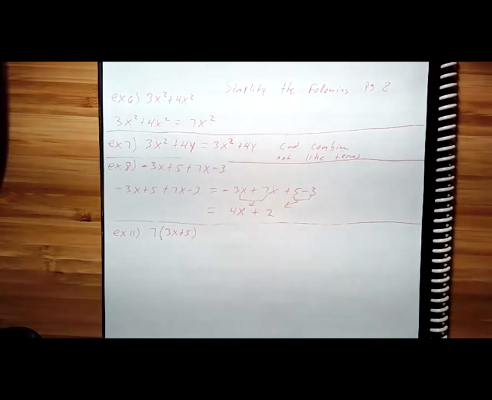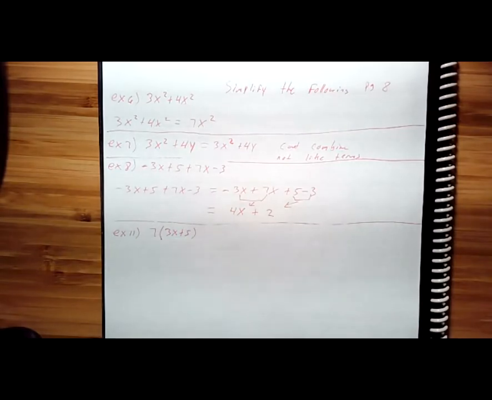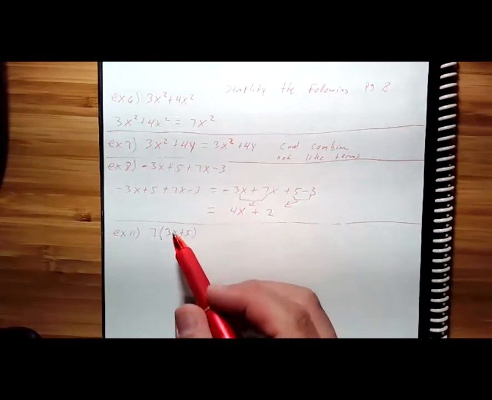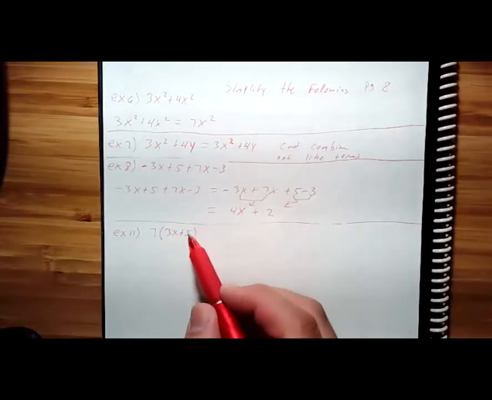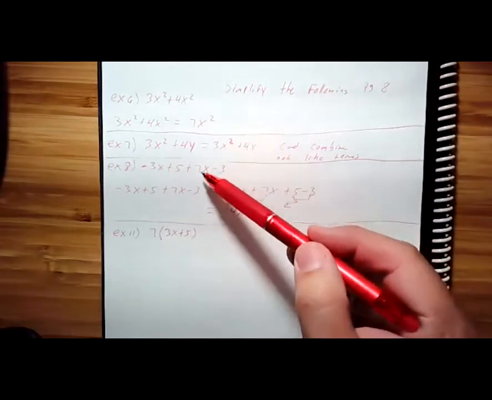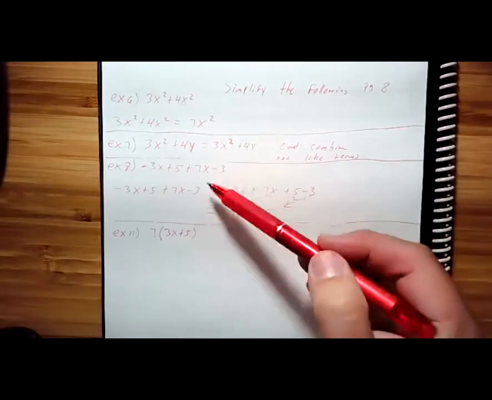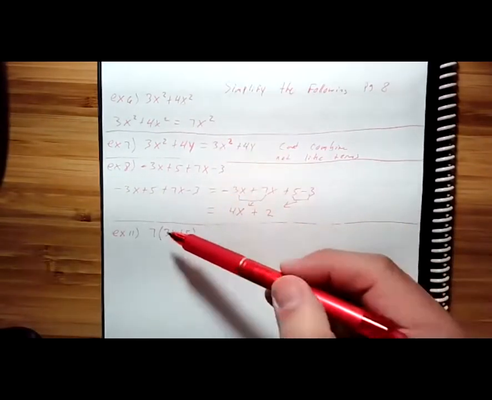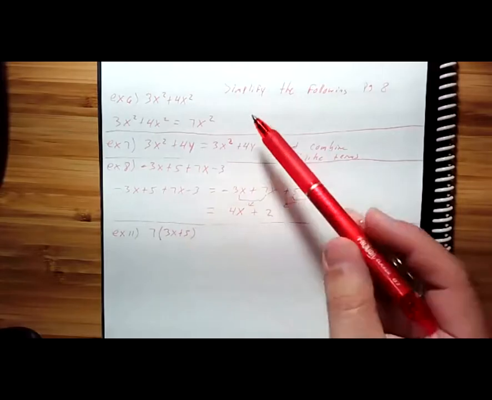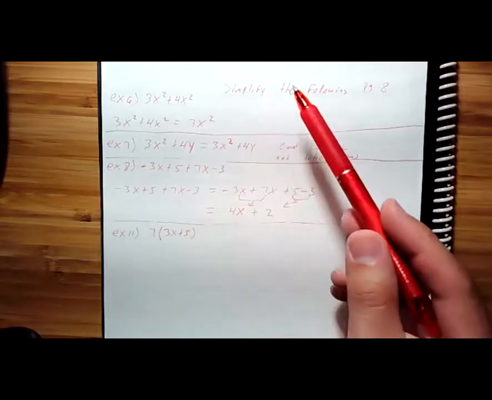All right, so on these types, it's still technically simplifying. So we will simplify by distributing the 7. Over here, we were simplifying by combining like terms. So it's a different operation, but still simplification.